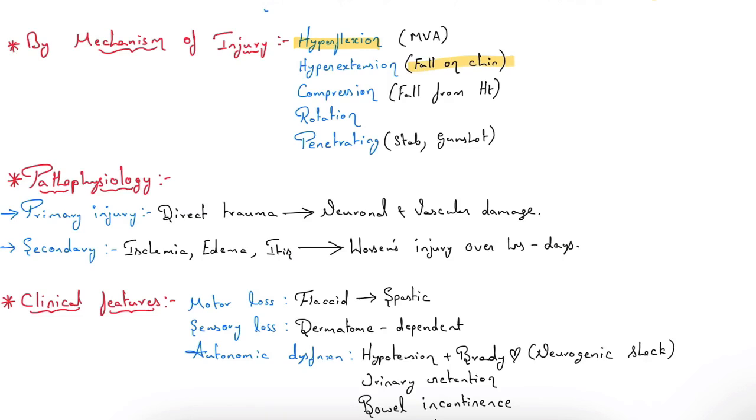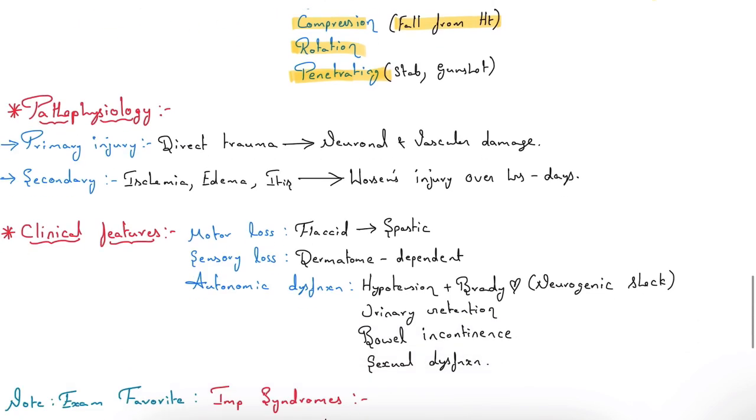If any car accident happens, like a dashboard injury, then because of neck hyperextension we can see this type of injury. Next one, compression, like if any person falls from a height, then we can see a compression type of mechanism of injury. Next, rotation and penetrating, for example if any person has a stab or gunshot wound.